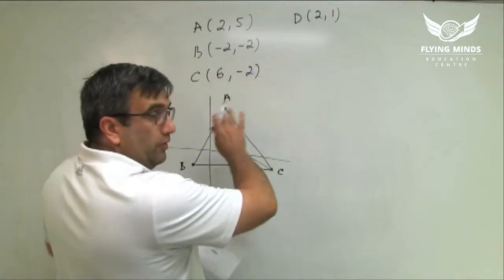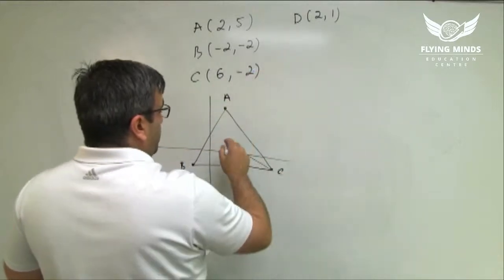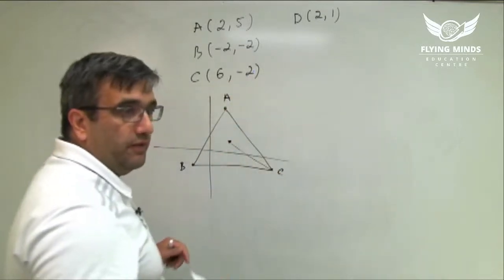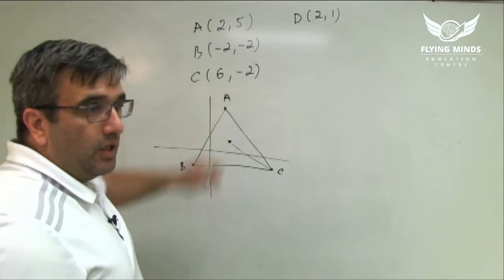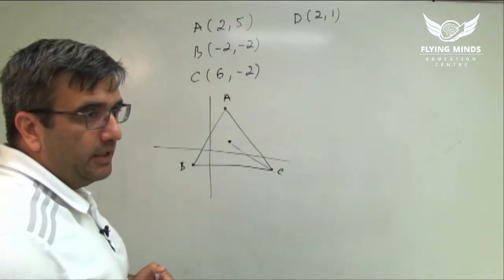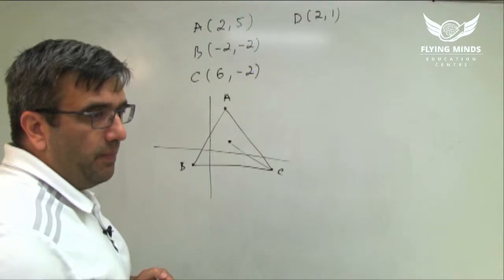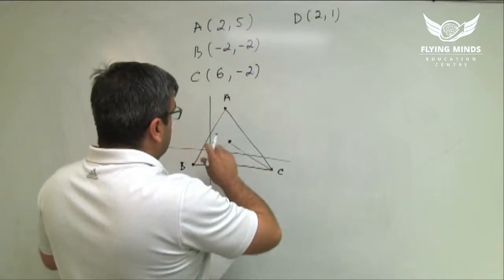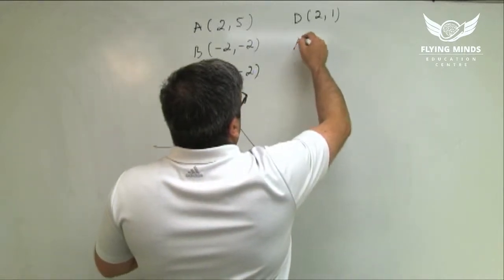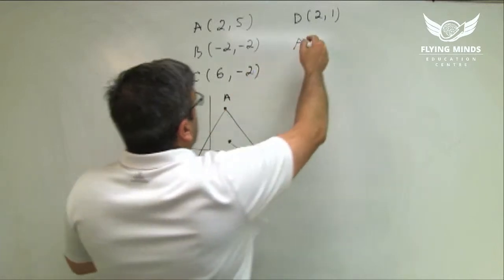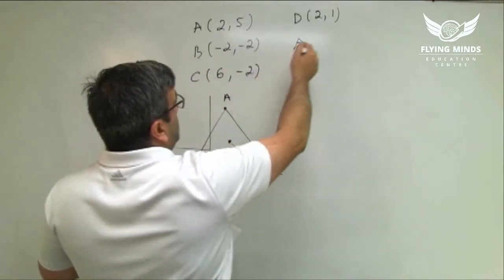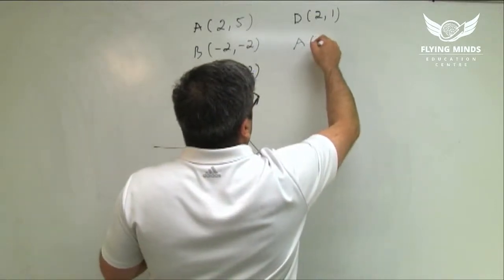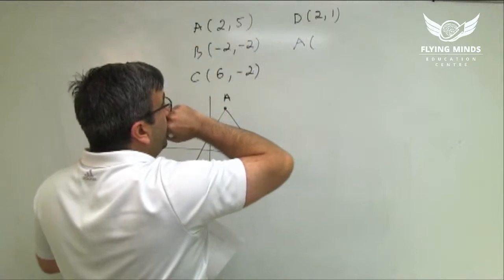Okay, so to rotate around point, right, clockwise. So what should happen is we need to switch these coordinates, right? Okay, so let's move it to the origin, right? So we need to move it 2 to the left and 1 down.